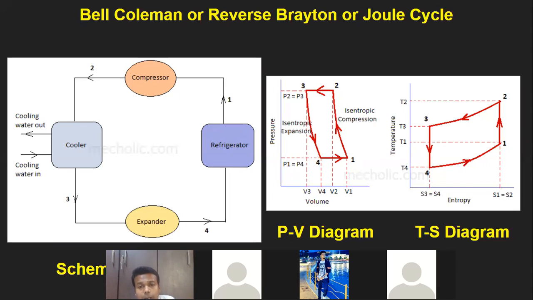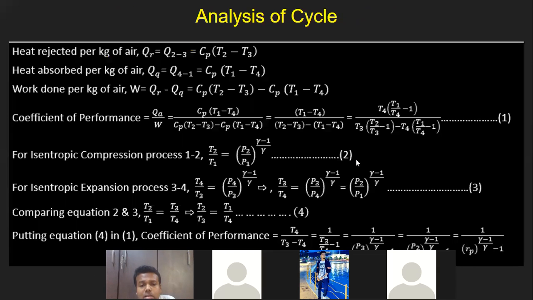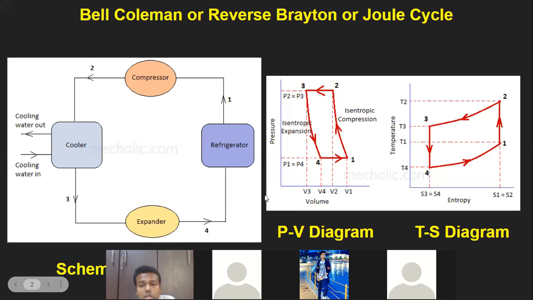Now 4 to 1 is a heating process. So during 4 to 1, the temperature will increase from T4 to T1. The final temperature T1 is greater than the initial temperature T4, obviously, because 4 to 1 is a heating.